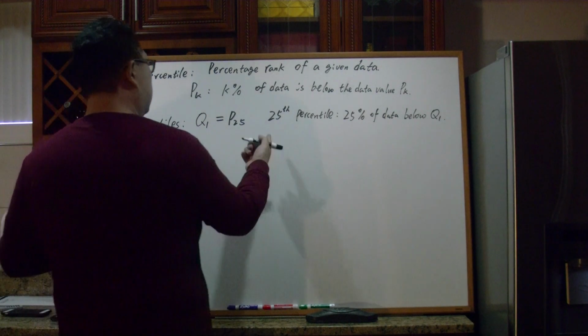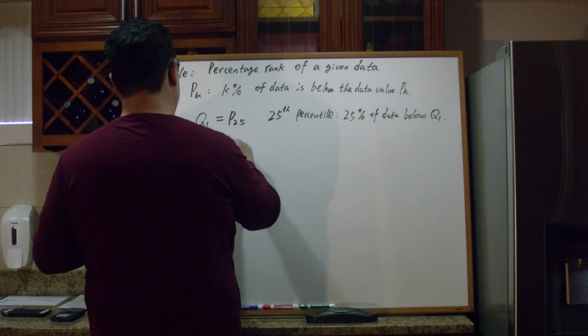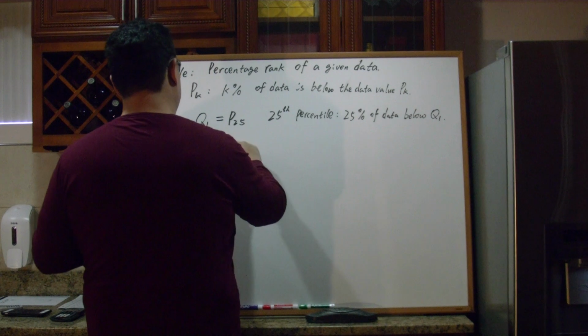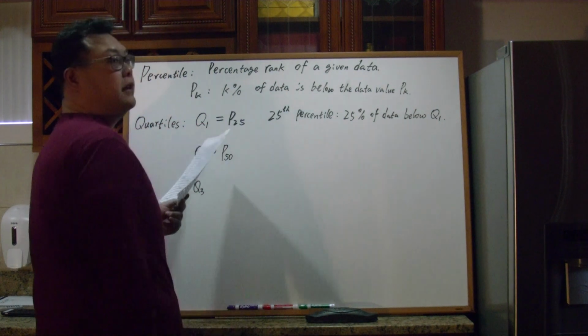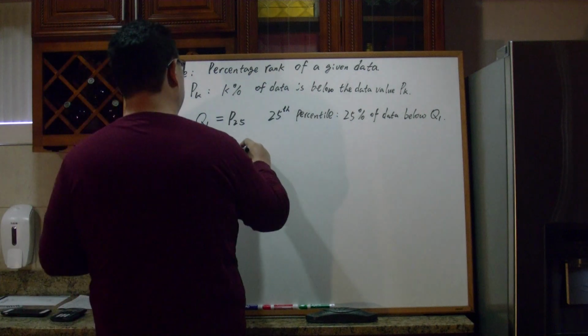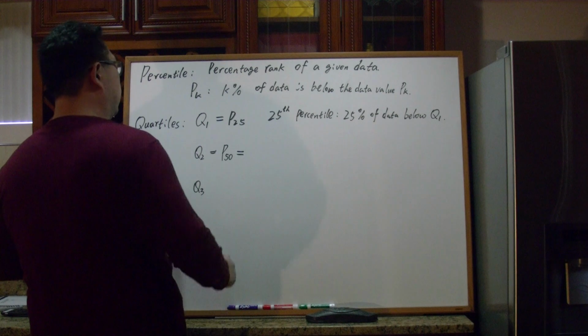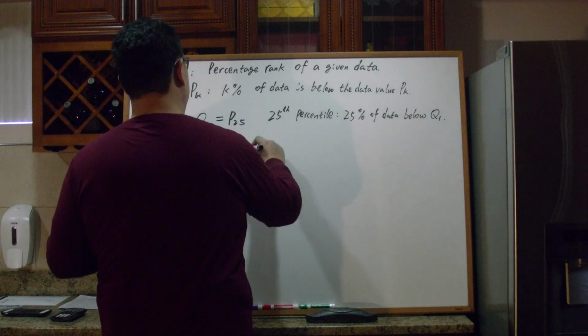Right, and the second quartile simply is 50% of the data below our second quartile, which is the 50th percentile. In other words, that cuts right the middle of the data set, which in other words is the median.